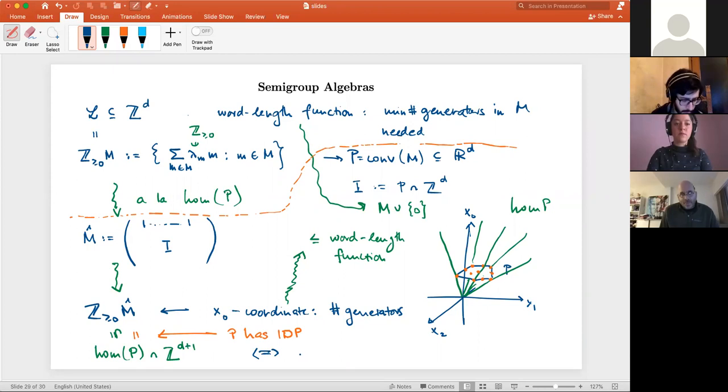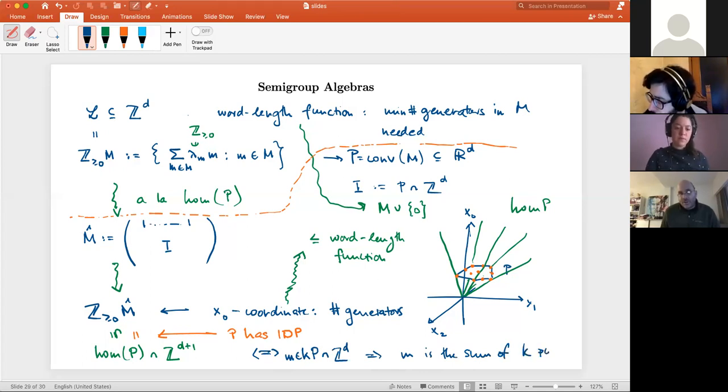That means that every integer point in k times P, so if you have a point m in k times P, then m is the sum of k integer points in P. This is the non-homogeneous way of saying this, and you can imagine this is kind of special.